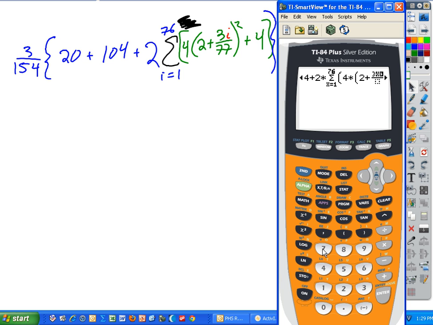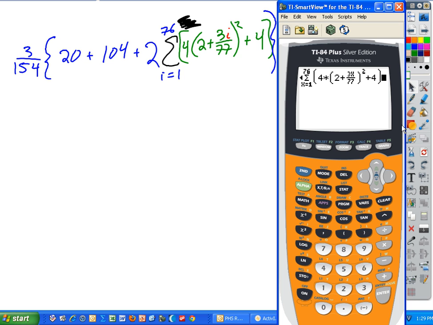I got one too many. So close that set of brackets, square, plus 4. Now I close the parentheses for the sigma, and then I put parentheses around the whole thing, right? Right.